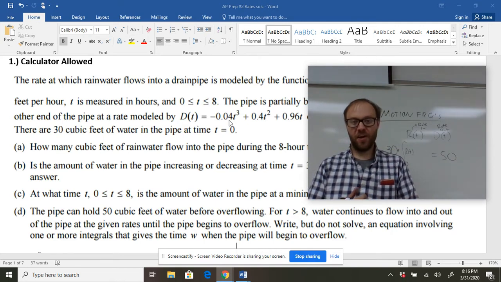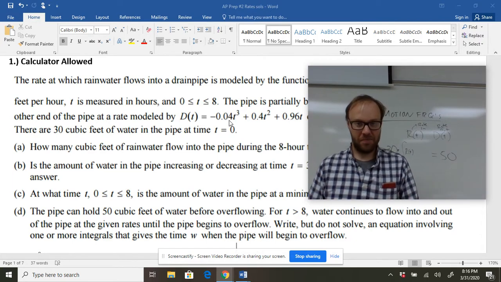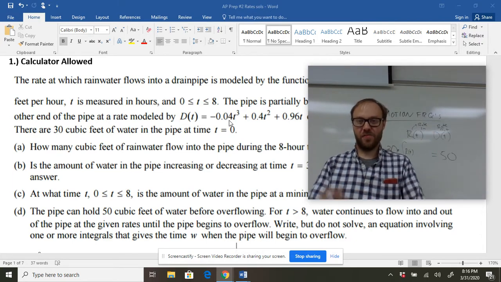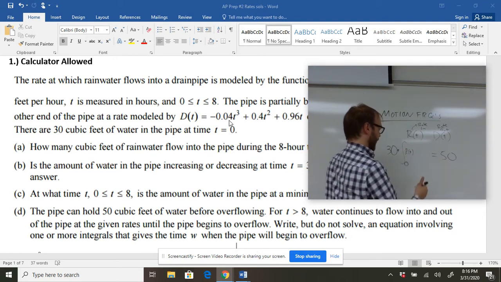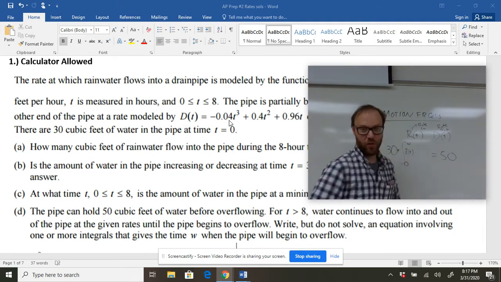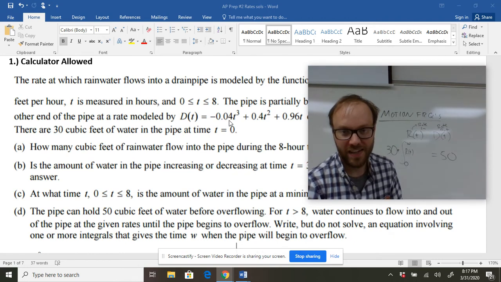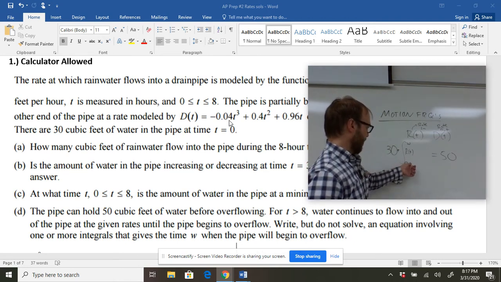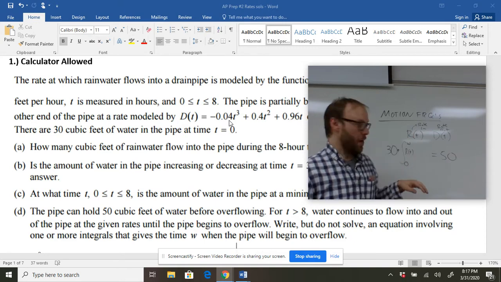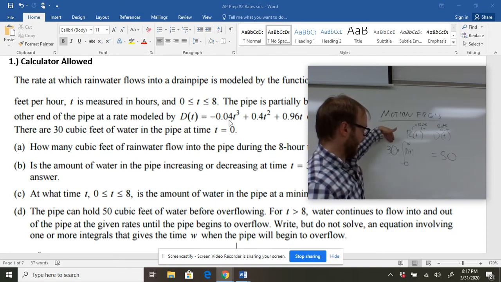So maybe I could call that variable W or something like that, the moment when it overflows, okay? So they ask for an integral expression or an integral equation. It might be from 0 to 5 hours. It might be from 0 to 2 hours. We don't know. But this is the water that was already there.